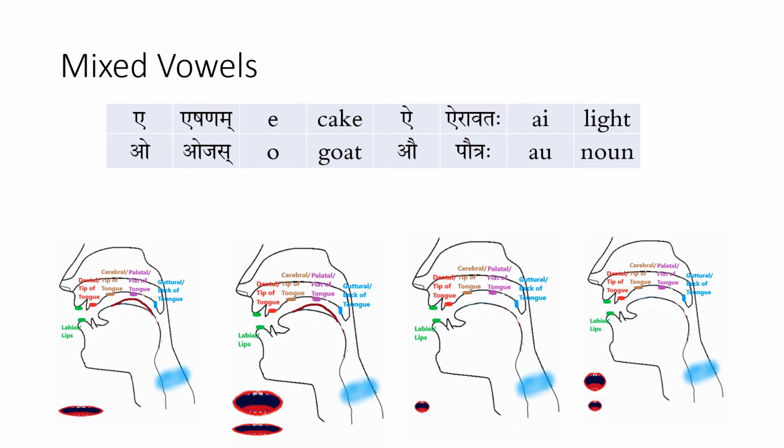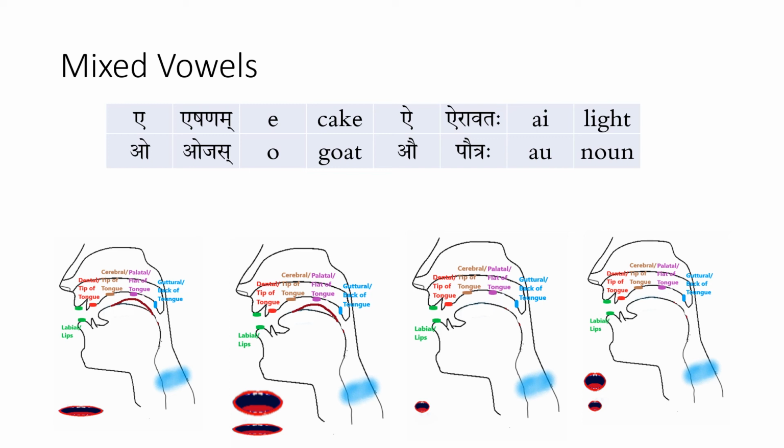This is a mixture of A and E. We can start with A and then quickly change it to the E sound. Here the muscles in the throat are relaxed. In the final position the lips are stretched side to side like E. So we start with A and quickly change it to E.